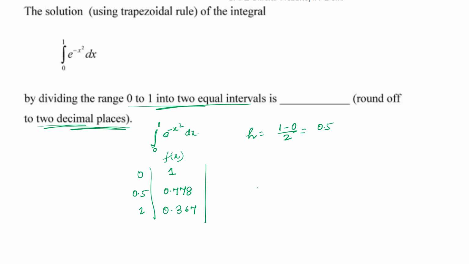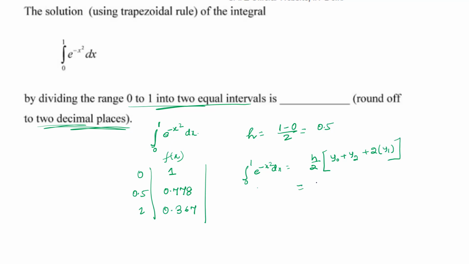Now the formula, according to the trapezoidal rule, is: integral from 0 to 1 of e to the power minus x square dx equals h by 2 times y0 plus y2 plus 2 times y1, right?